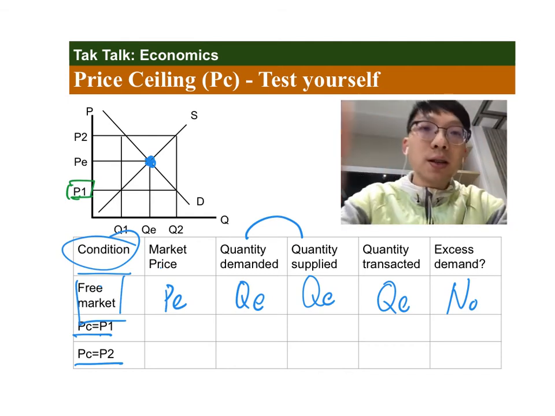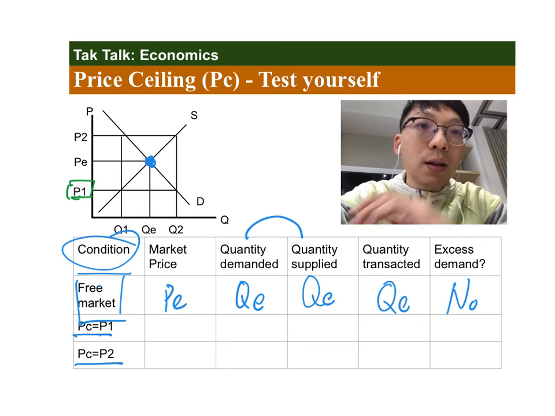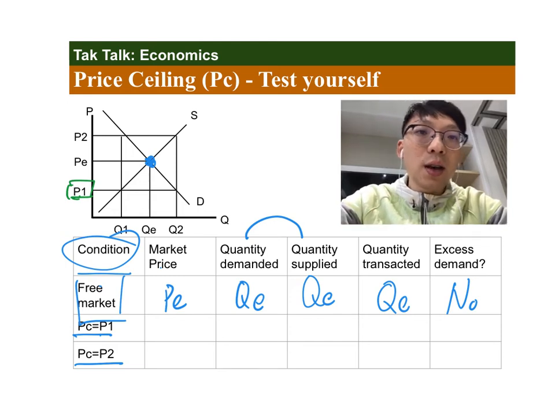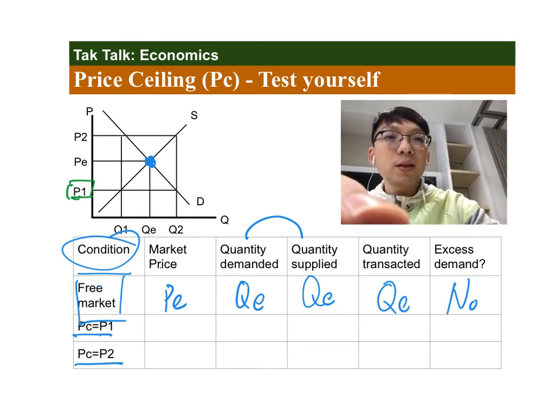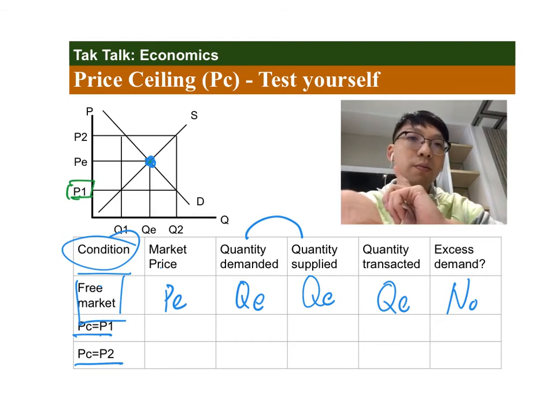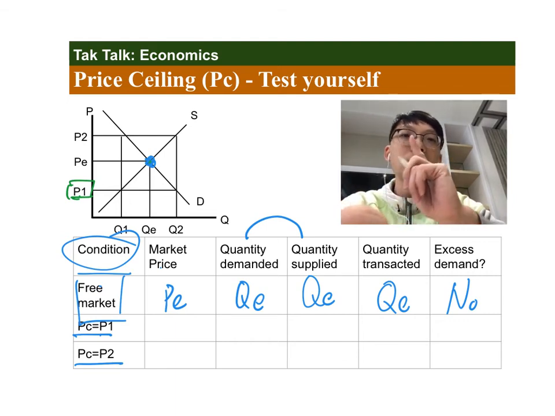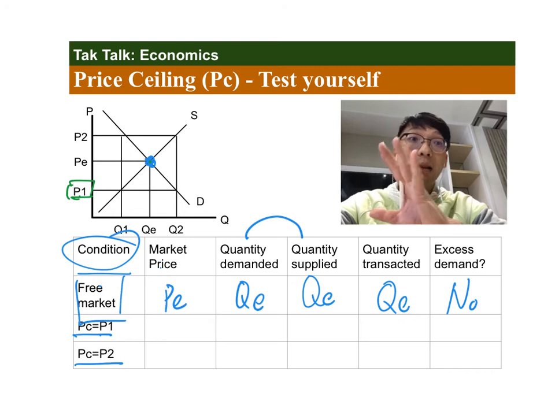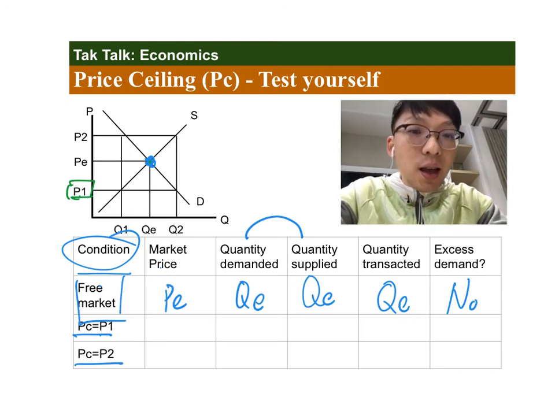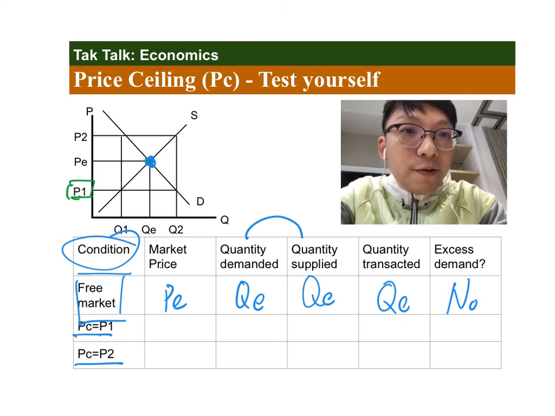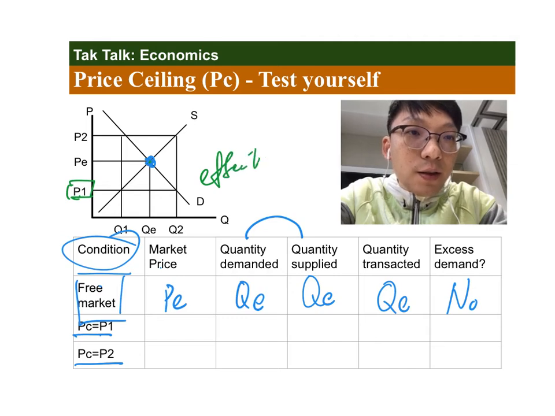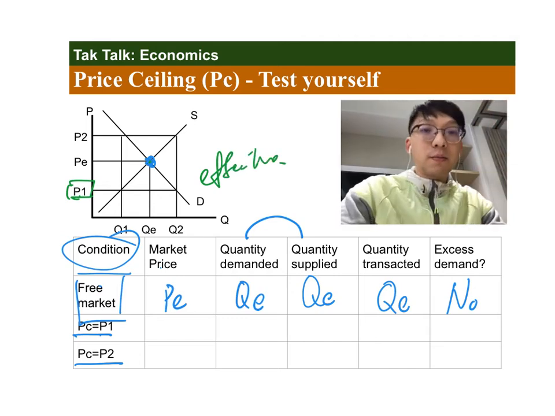That means we cannot stay there. The upper part includes the equilibrium point, so people cannot stay at the equilibrium point anymore. So it is effective for the price ceiling.